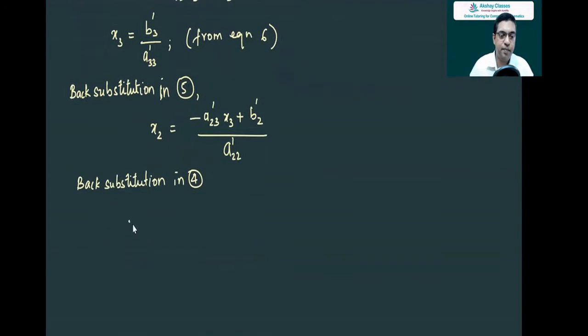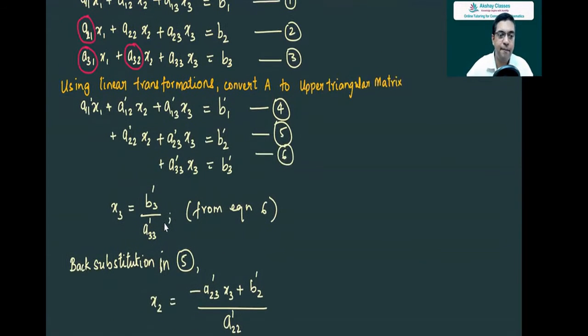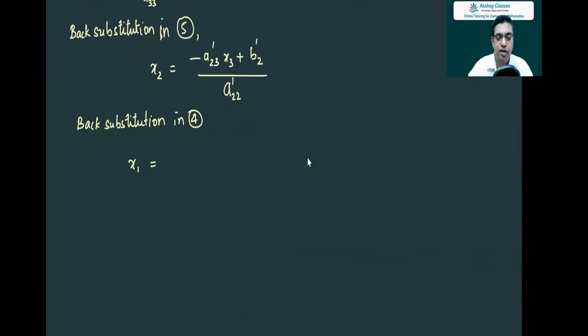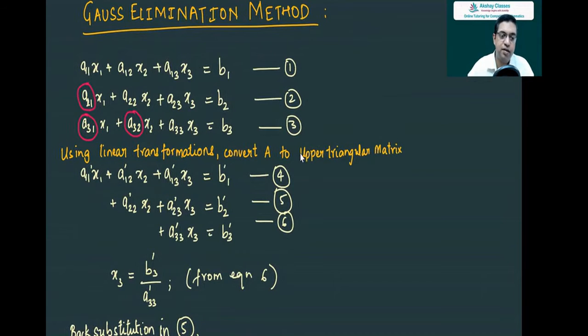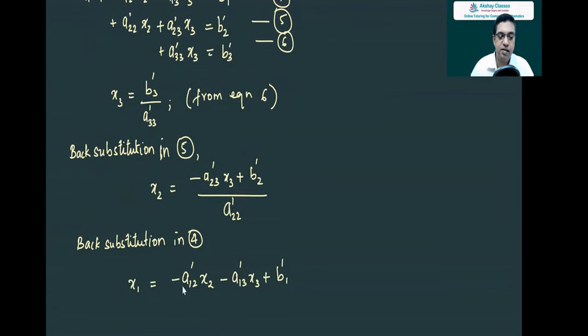So x1 will be, bring this to the other side, minus A12 dash x2 minus A13 dash x3 plus B1 dash, all divided by A11 dash.